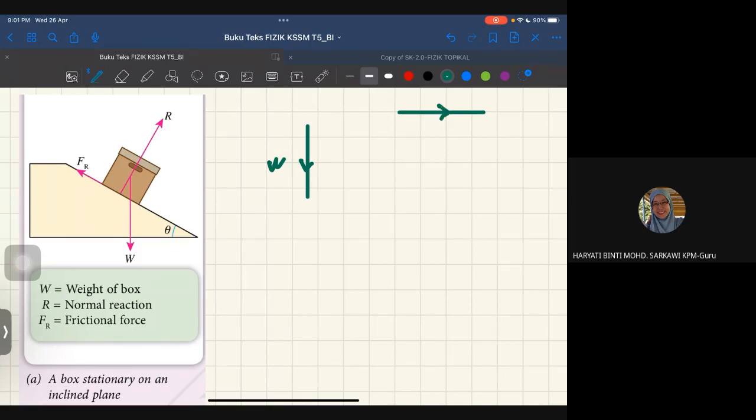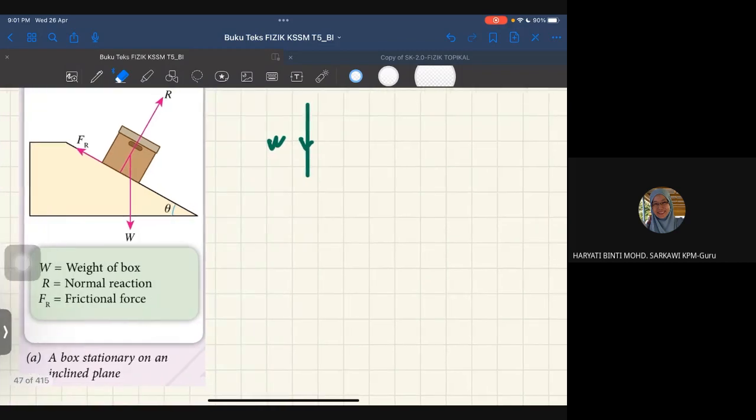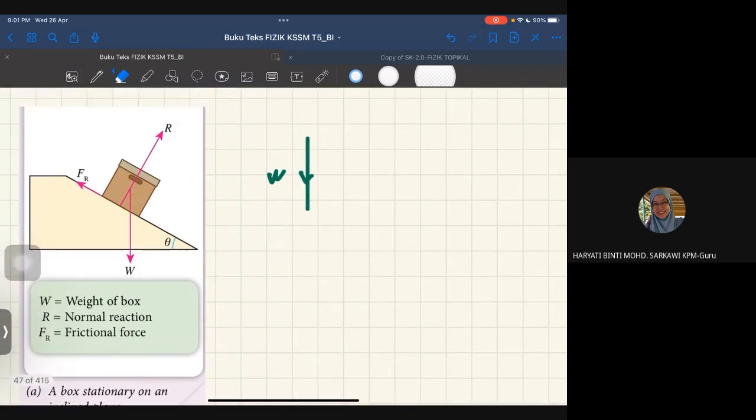So in this case, we start with W. Then at the end of W, you can continue with FR or R, up to you. Let's say we continue with R. So R will be here, and we don't change the direction. This is R. And then FR will be like this. This is FR. If you draw your diagram to scale, you will get a closed triangle like that.